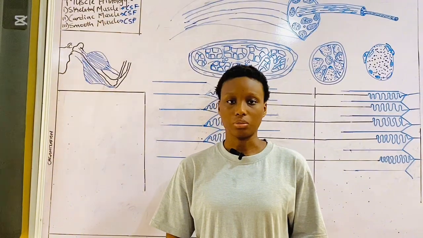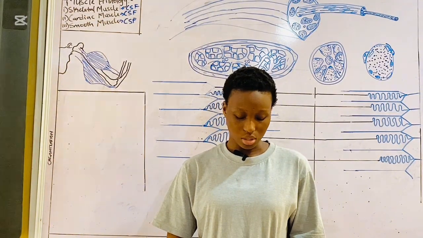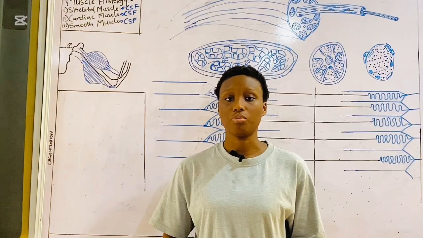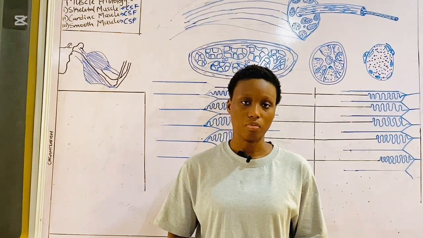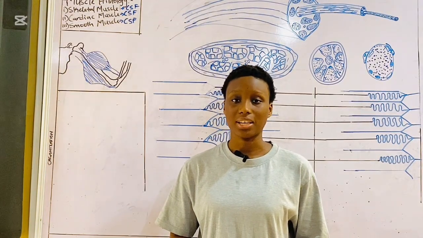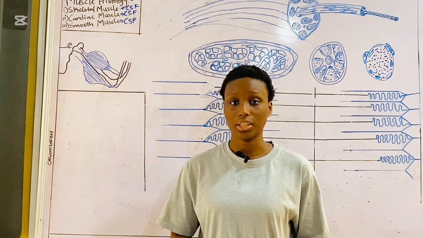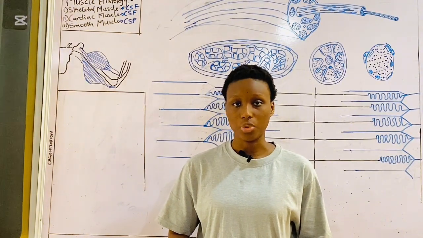I have an abbreviation for the properties or characteristics of muscles in general. This will help you to differentiate each muscle type. I'll be applying that mnemonic to skeletal muscle as we go deep into it now.